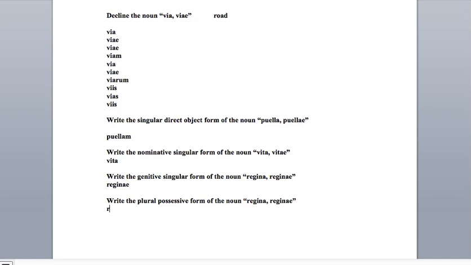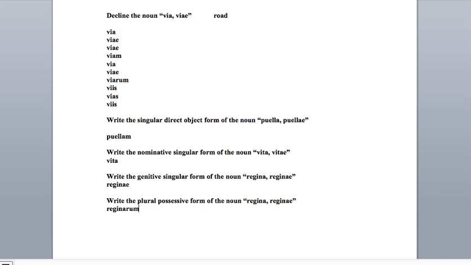So you have to find the base of the noun by removing the genitive ending, and then you're going to have to write the plural possessive ending, or the genitive plural ending, onto the noun. If you use the Quizlet flashcards, which are located after this lecture, I will ask you to do things like that. You want to be able to do that very quickly and become very confident with doing those sorts of things.